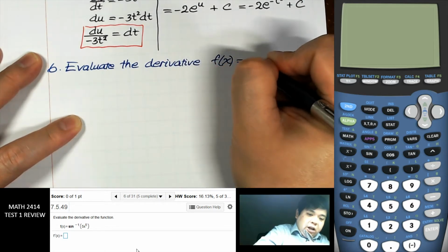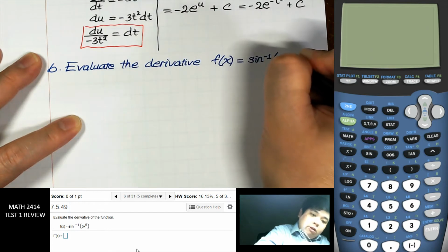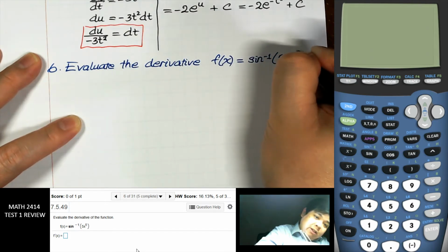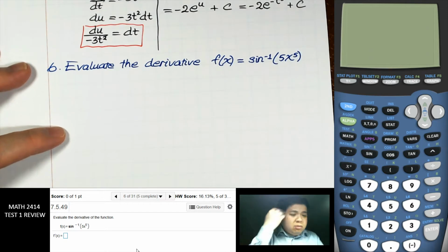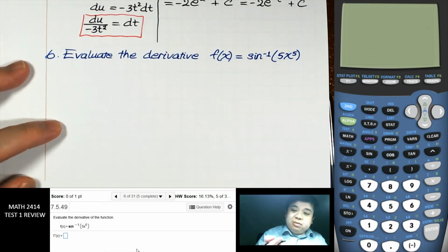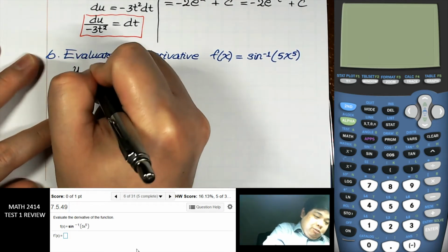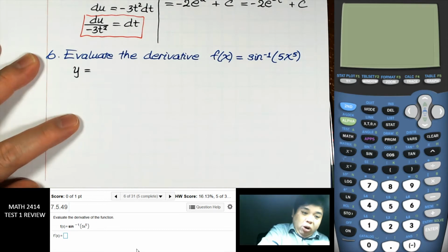The function is sine inverse of 5x to the 5th. There's a formula for sine inverse, but I prefer not to use it. I should say I prefer not to memorize it.